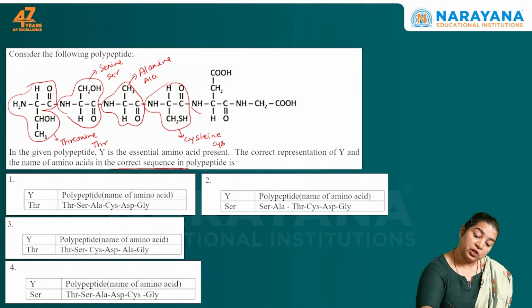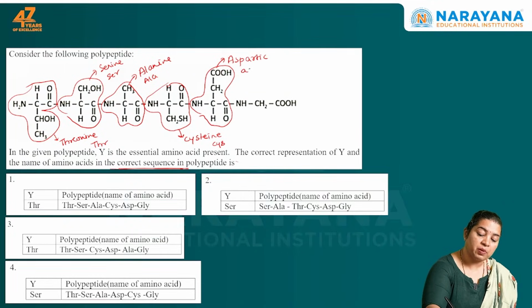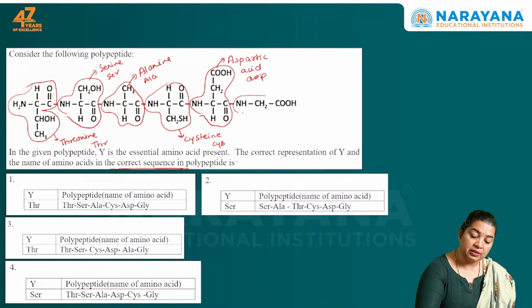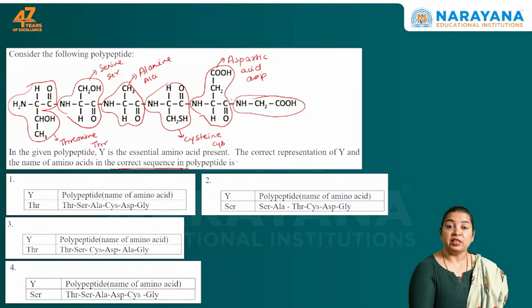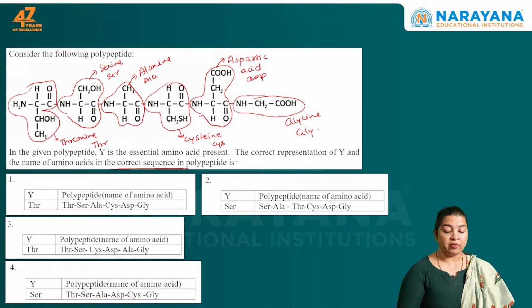Now, there are only 2 acidic amino acids in the entire naturally available amino acids. One of them is aspartic acid, which is ASP. Last is the famous one, the smallest amino acid, which is glycine, GLY, we will be looking for.